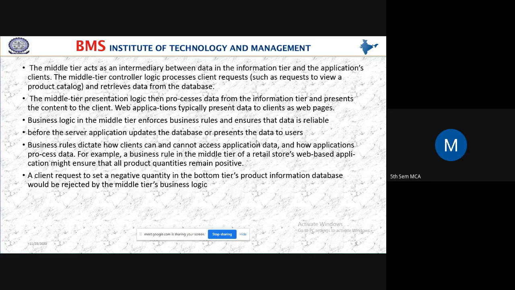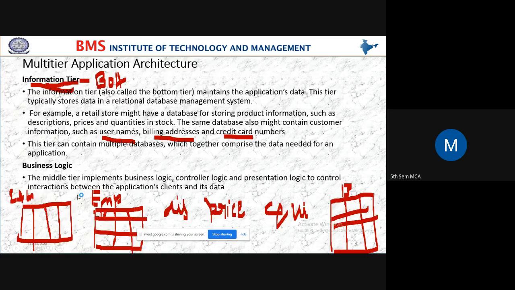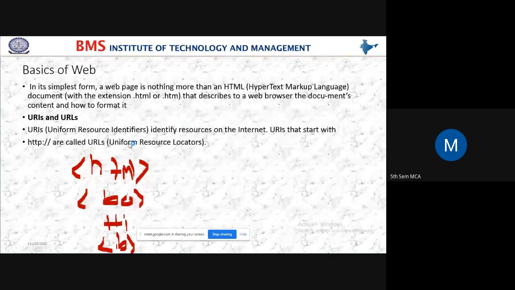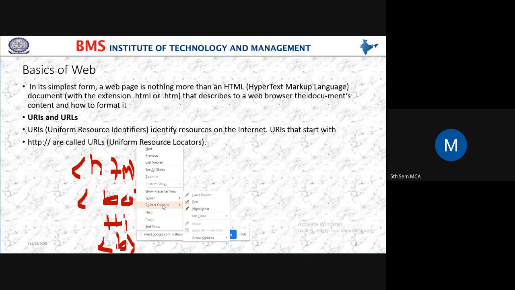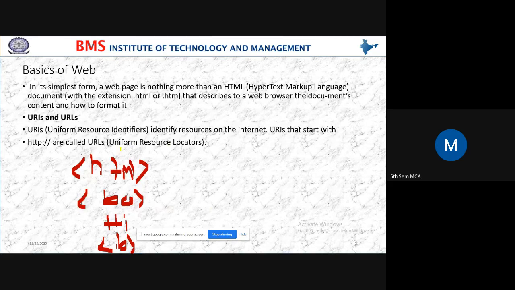So the full form of URL is what? Uniform resource locator. Google cannot show uniform reverse locator. See, what is the full form of URL, students? Uniform resource locator.